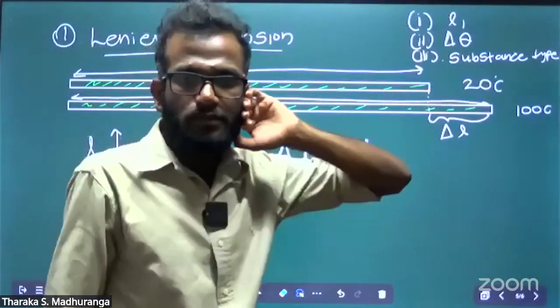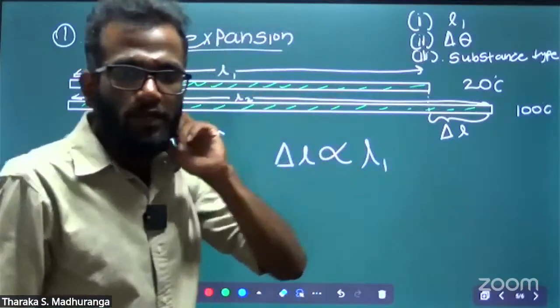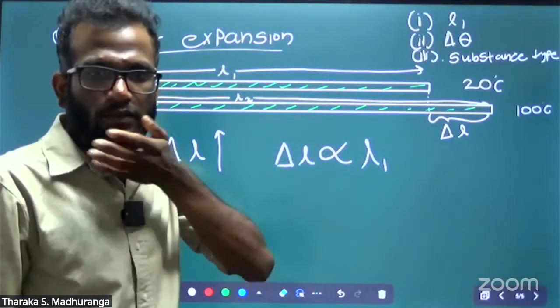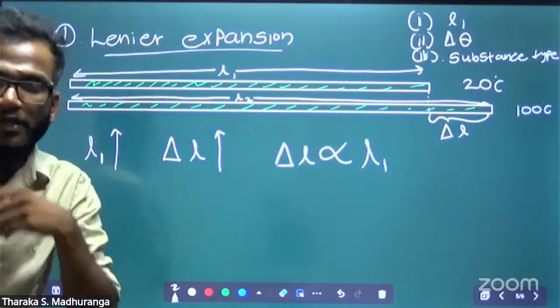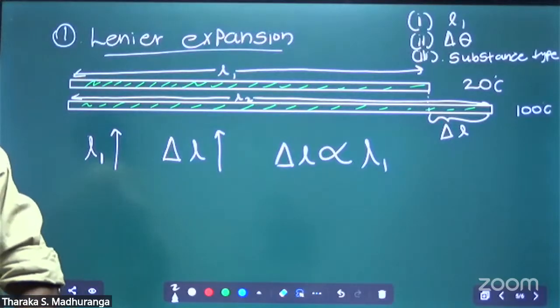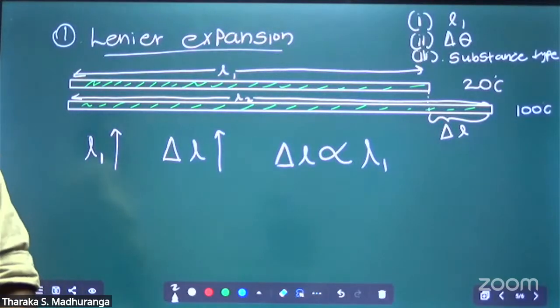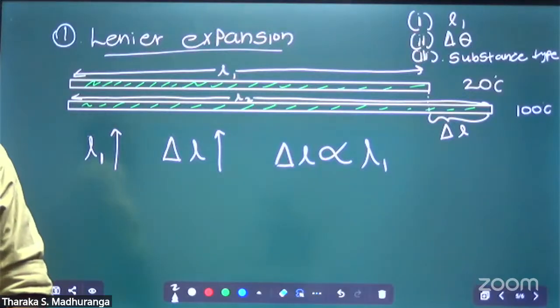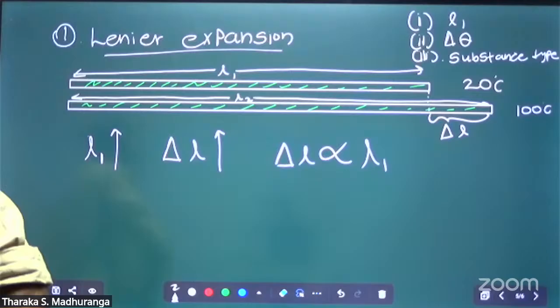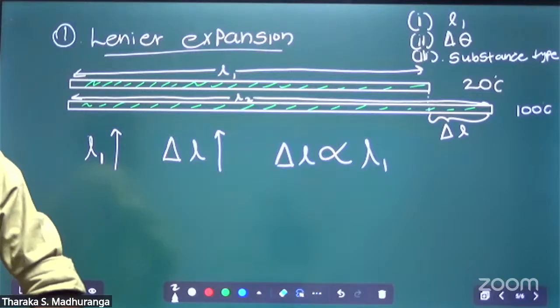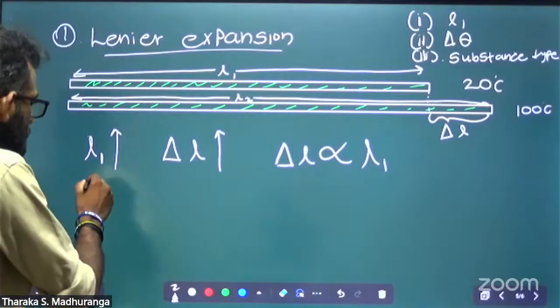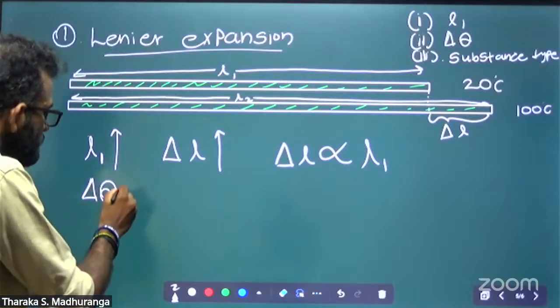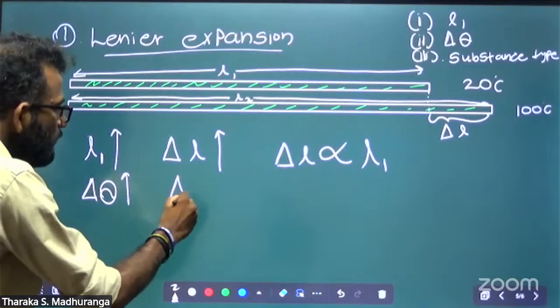Now, when we increase the temperature difference, what happens to the linear expansion? The given temperature difference is 80 Celsius. If I increase it up to 150, is the thermal expansion, the linear expansion amount, increasing or decreasing? Delta theta is increasing. What happened to delta L?